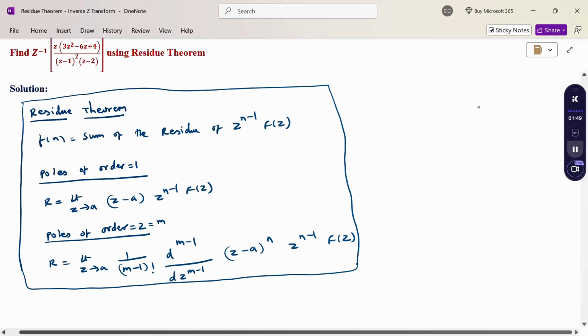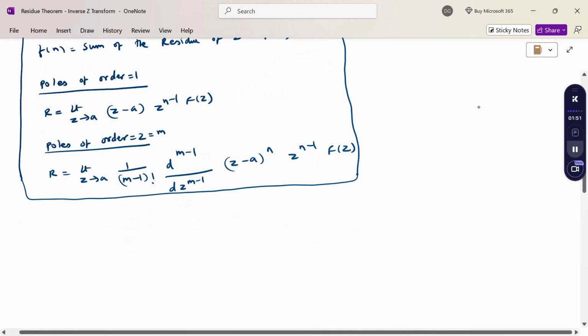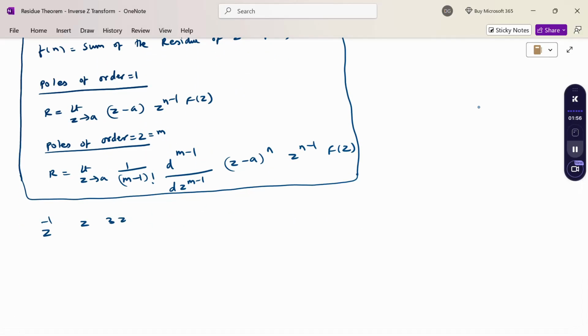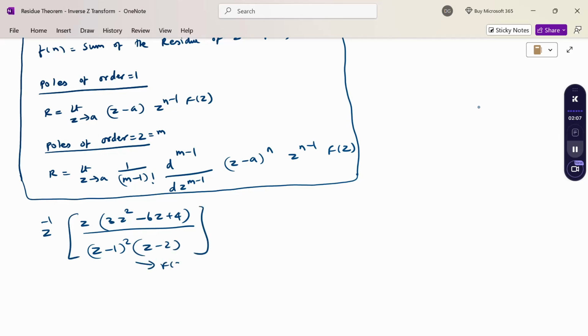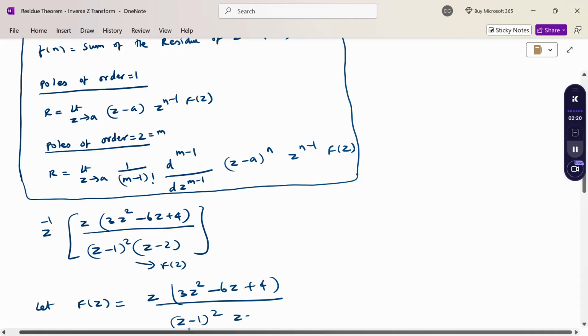Now first of all, the given problem: Z inverse of z(3z² − 6z + 4) divided by (z − 1)²(z − 2). I am going to take this term as f(z). Let f(z) equal z(3z² − 6z + 4) divided by (z − 1)²(z − 2).